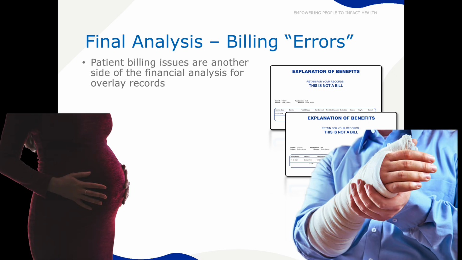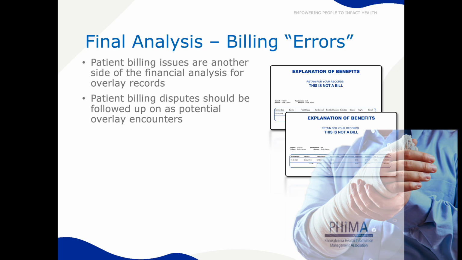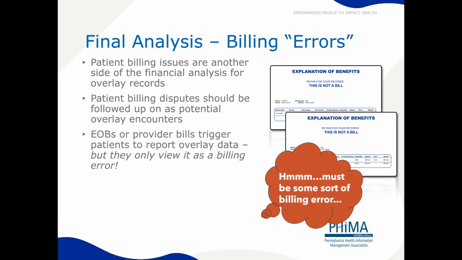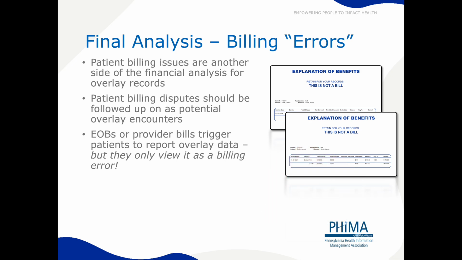I was never pregnant with children. Whatever the case is, the patient views these as financial errors, billing errors. But what you and I both know is that the billing errors come directly from clinical data that's in that patient's record. So we can use that tip off from the patient that, hey, there's overlay data inside of that record, which I know most of the providers do that today.